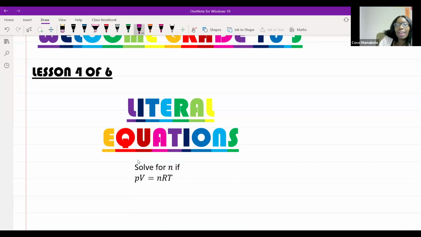All right, so I know over here that n and r and t are multiplied to each other. So if I want n on its own, I'm just going to divide by the thing that it's multiplied by. Just like if I had 3x is equal to 6, I know that I want x on its own, so I'm going to divide by 3. Now over here, I want n on its own, so I'm going to divide this side by RT, and I'm going to divide this side by RT.